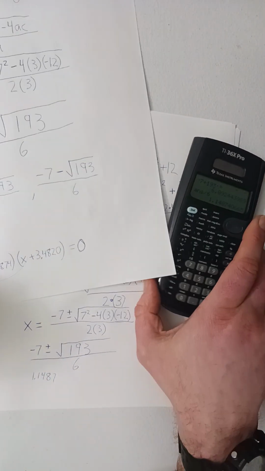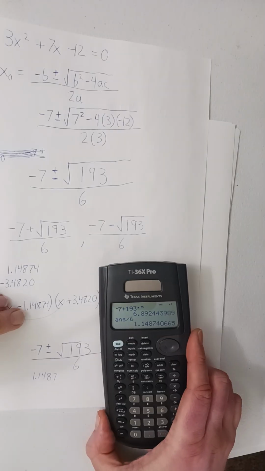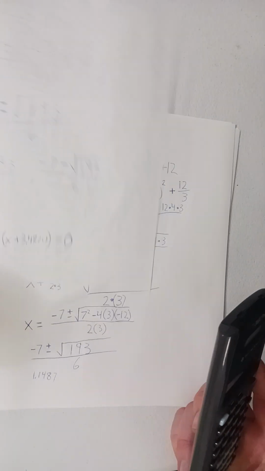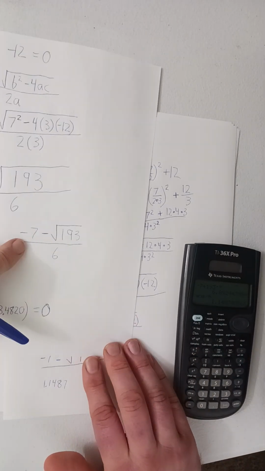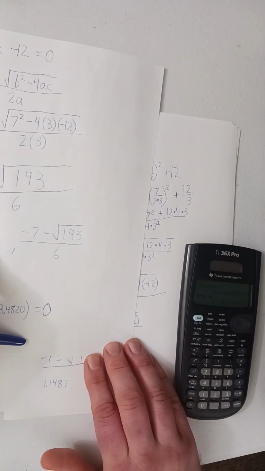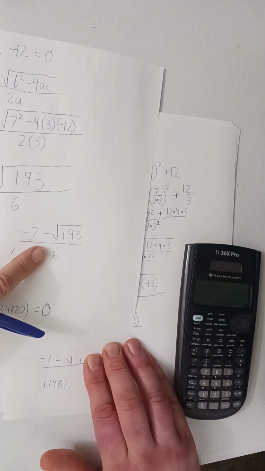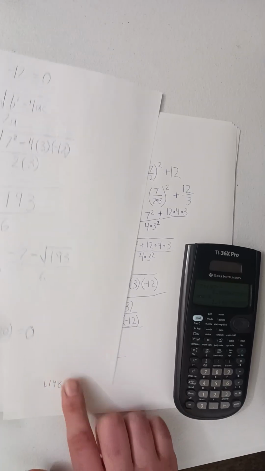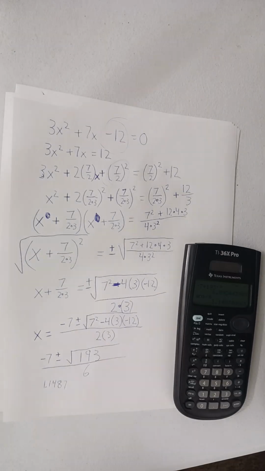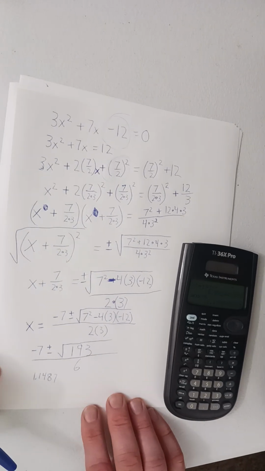This right here, same number. And then if we do the other one, you can already actually see that they're going to be the same, because this is -7 plus, and we got that one. -7 minus, it's the same thing as plus or minus. These are the same thing. So I've just proven to you that it works either way.